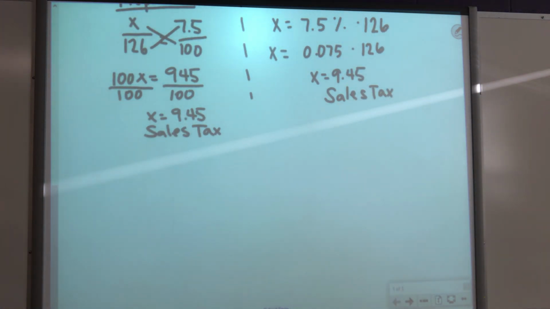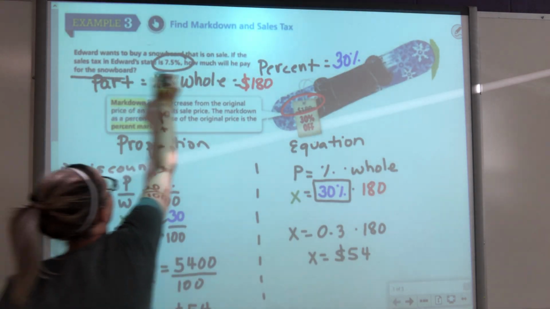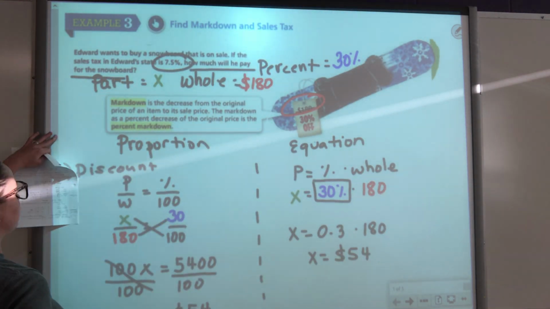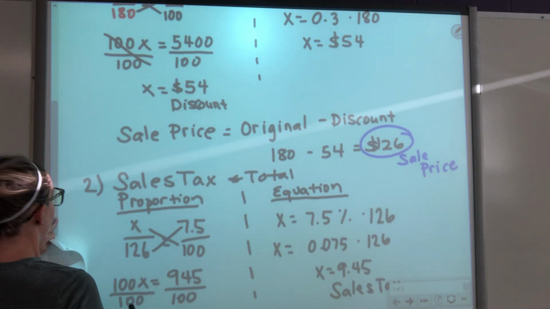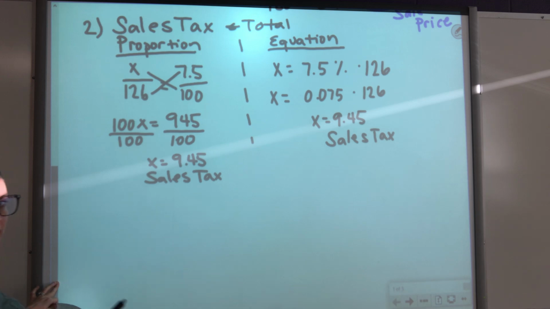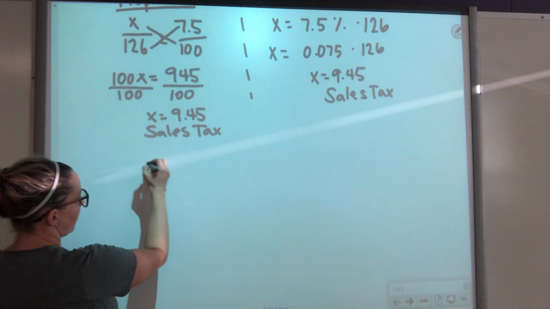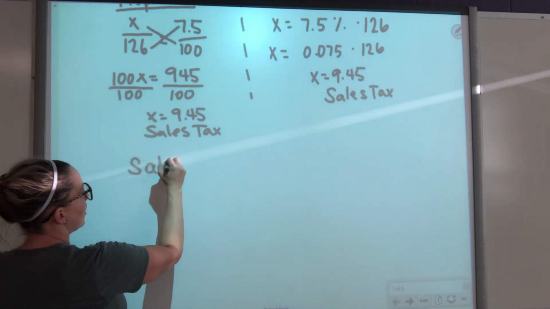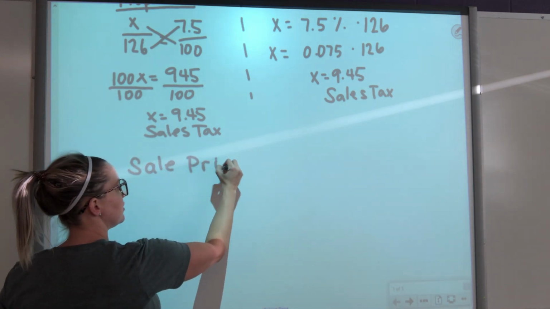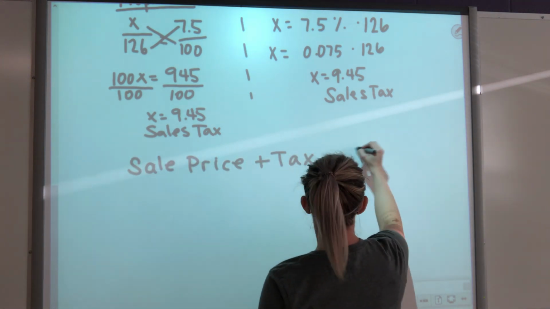So the ultimate question was, how much will he pay for the snowboard? So we took the discount, we got $126. We found that the sales tax is $9.45. So to find the total price, we take our sale price plus the tax to get our total.